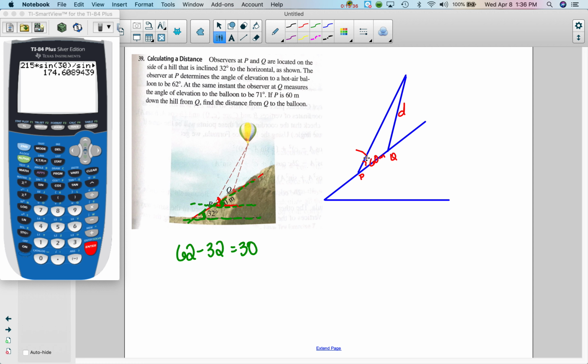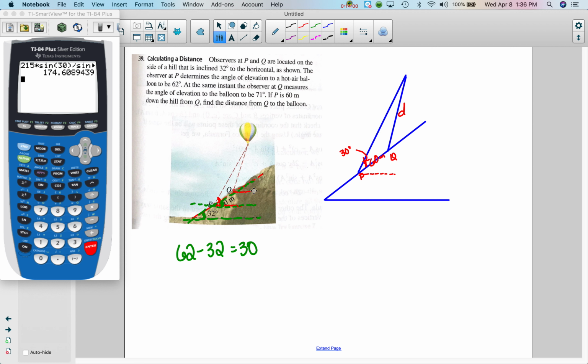I don't really have much room, so I'm going to write it out here. 30 degrees would be this angle right here. Again, remember that the whole thing, if I had drawn this whole thing, was 62, but I subtracted 32 because of the corresponding angles that were congruent. So the angle that's inside the triangle is 30 degrees. Now I'm going to do something similar over here.